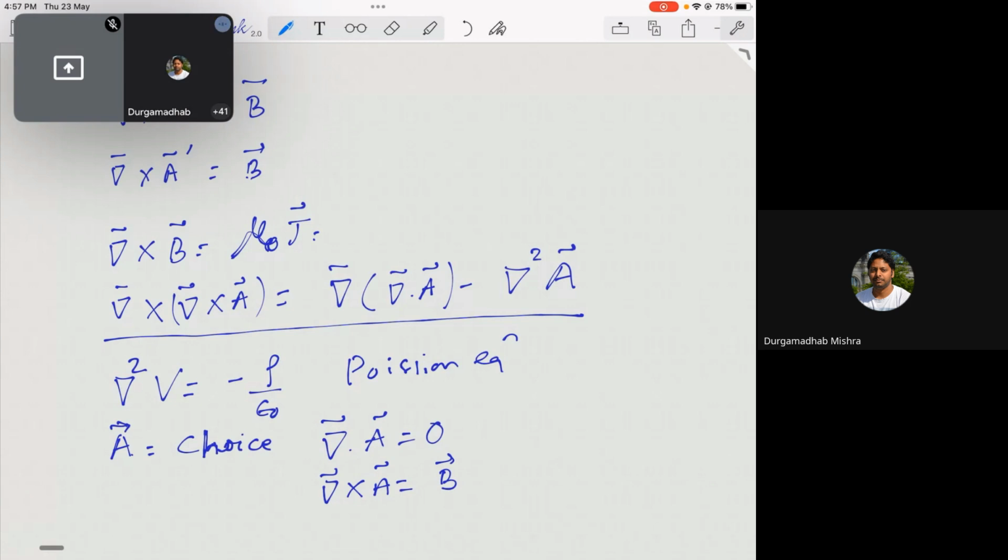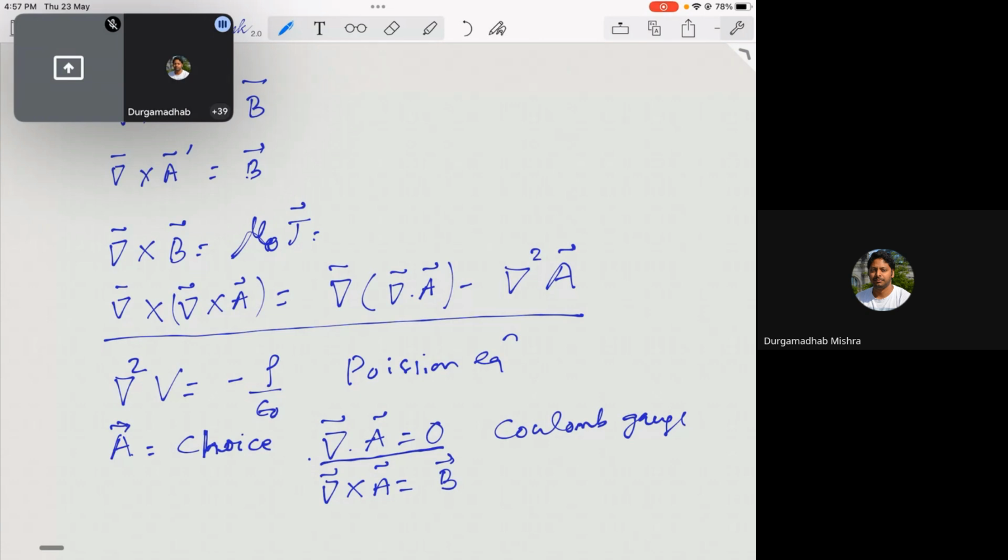This choice that we have made, del dot A equal to 0, is known in electrodynamics as the Coulomb gauge. That is the name that is given.